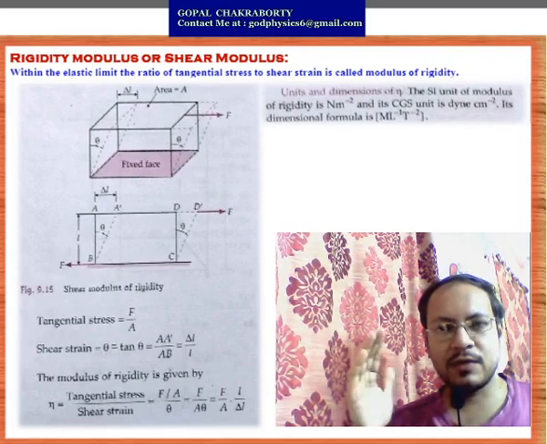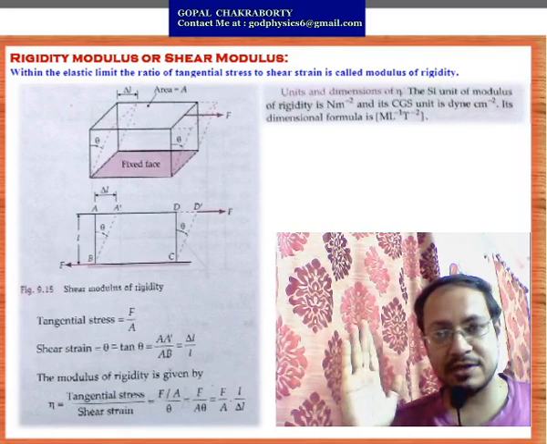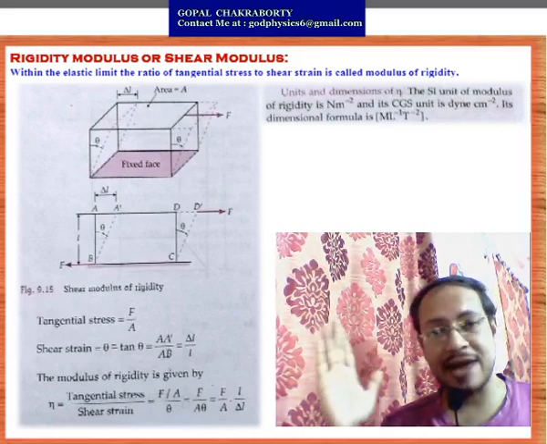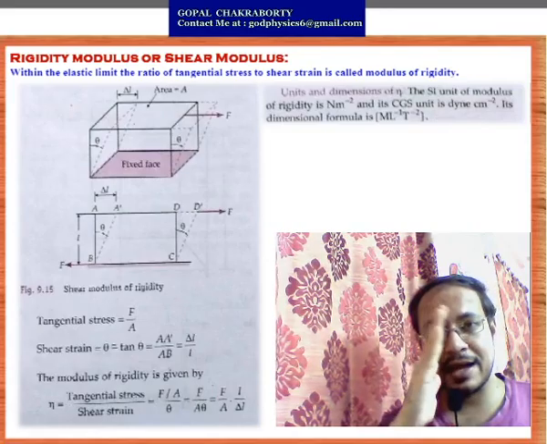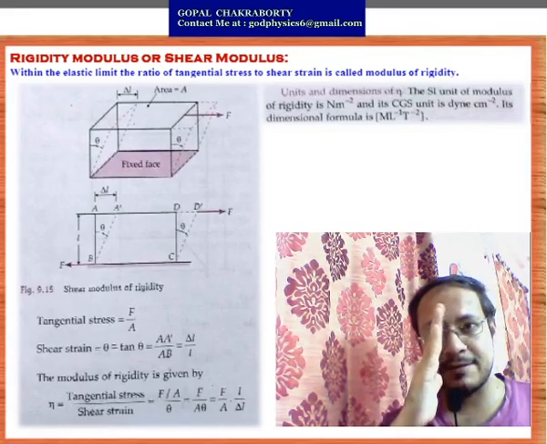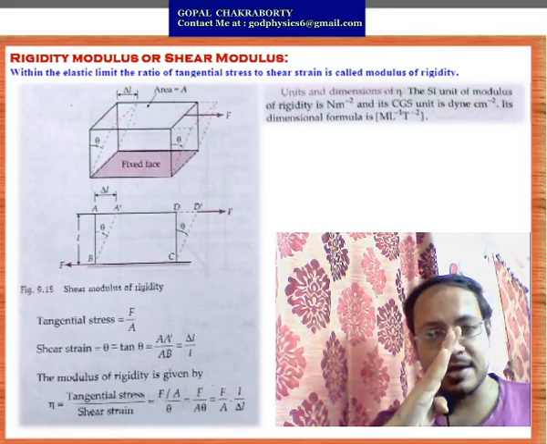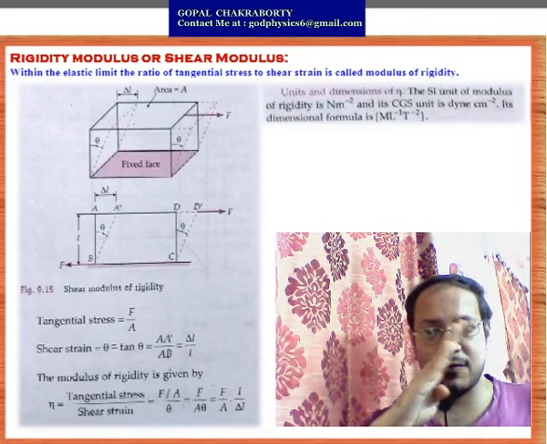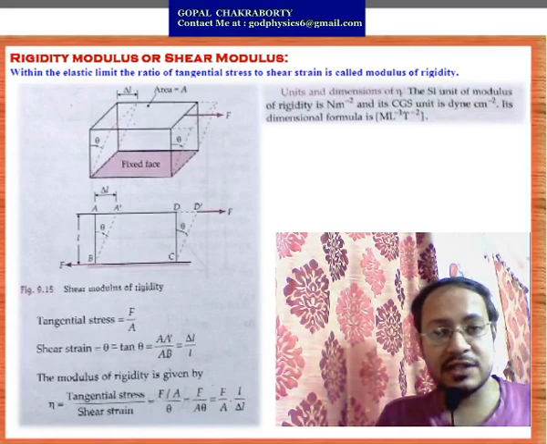So if you consider any one side of that book, it will make an angle, because the upper surface moves forward but the lower surface stays still. That angle of rotation, that change in angle, gives you the value of shear strain.